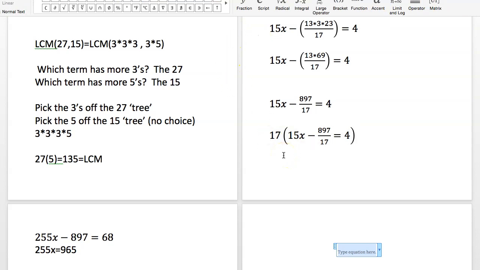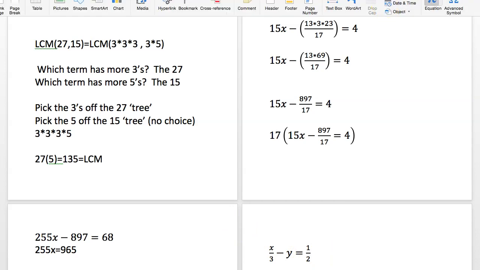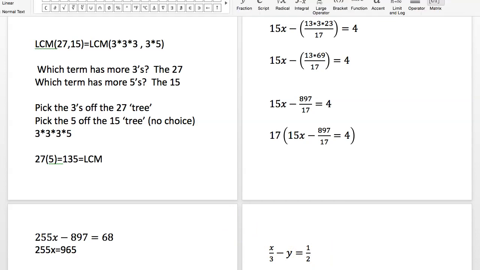If they ever give you guys something like x over 3 minus y equals, let's say, 1/2, and then let's say they turn around and give you something like x minus y equals 1/6.